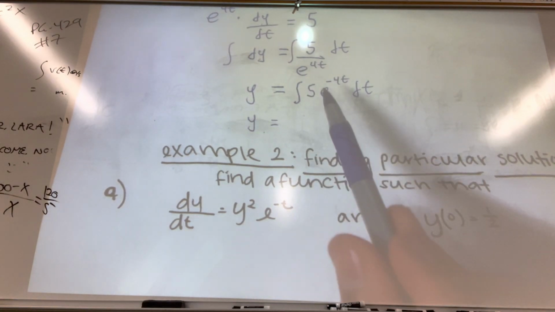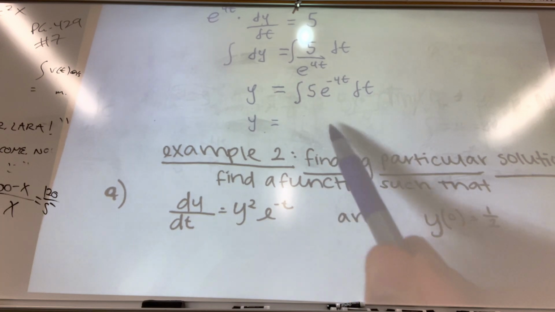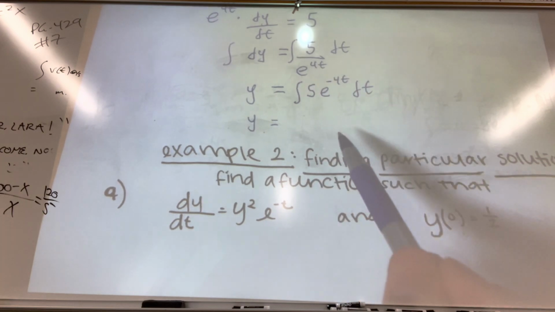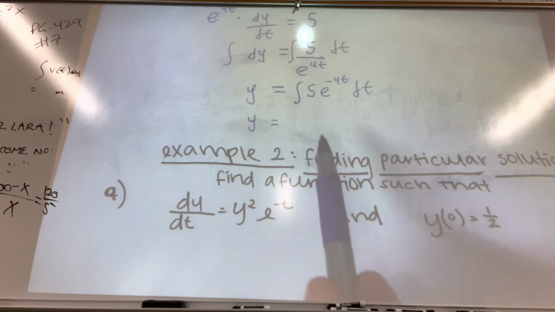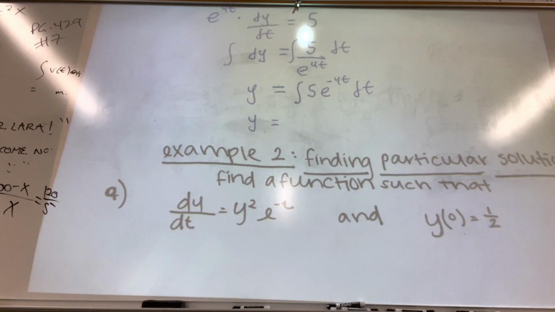Here's the question: what function, when I take its derivative, gives me this back? That's the antiderivative. Work it out with your partner, please. Go ahead and give me that, and then you're basically done with it.